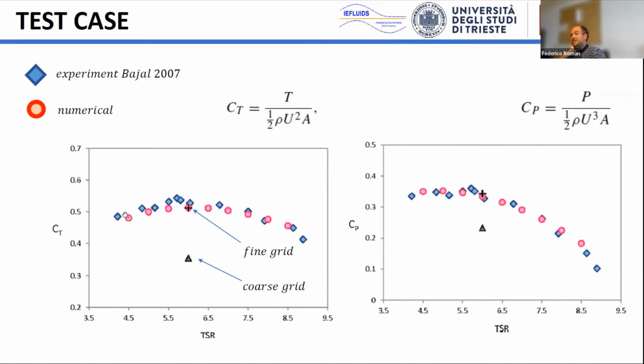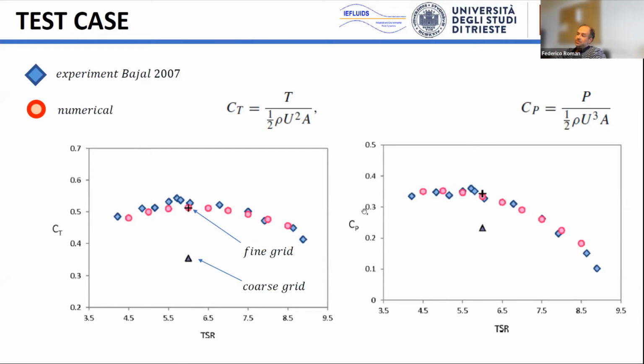Here the experimental results are the squares, and our numerical results, with the grid that we are using for the other results, are the red dots.